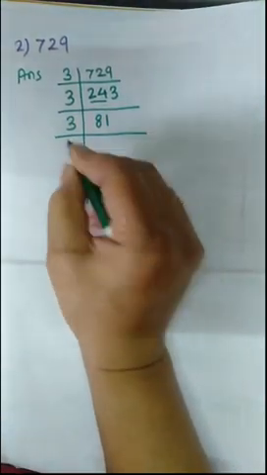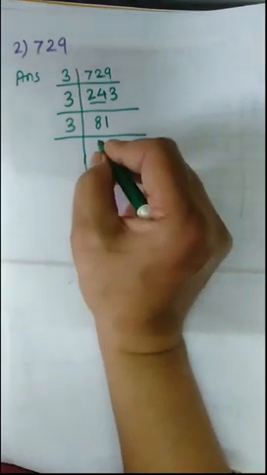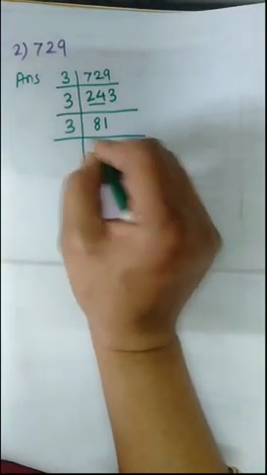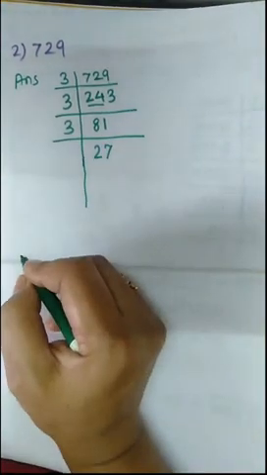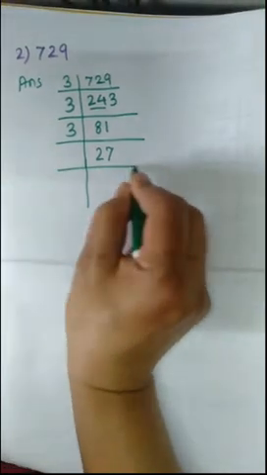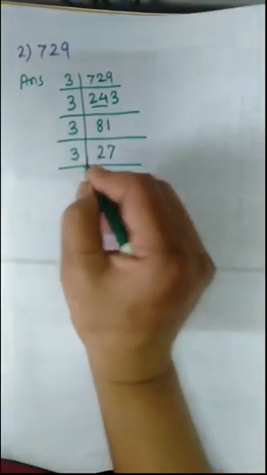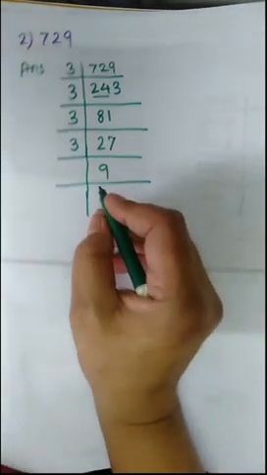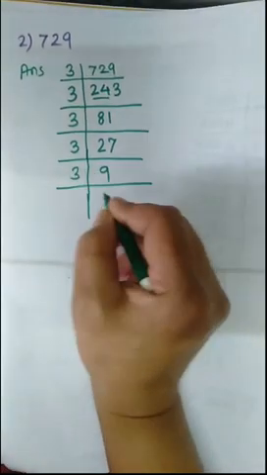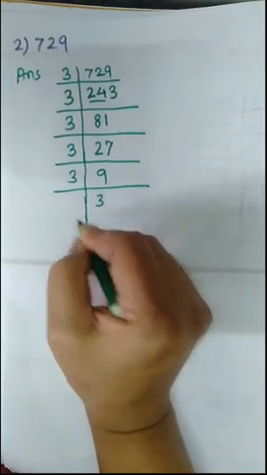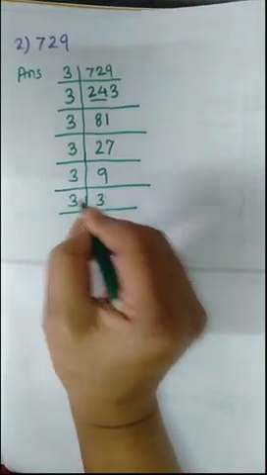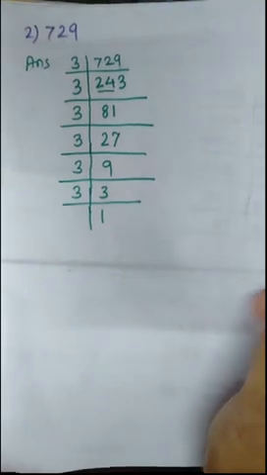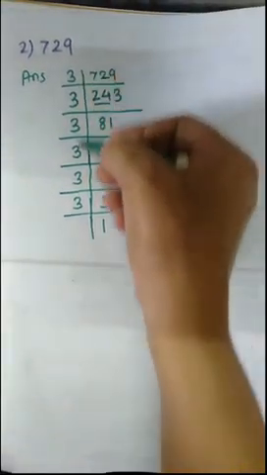Again it is divisible by 3. 3 2s are 6 and 3 7s are 21. Again it is divisible by 3. 3 9s are 27. 3 3s are 9 and last is 3 1s are 3. So write down the factors. These are the prime factors now.